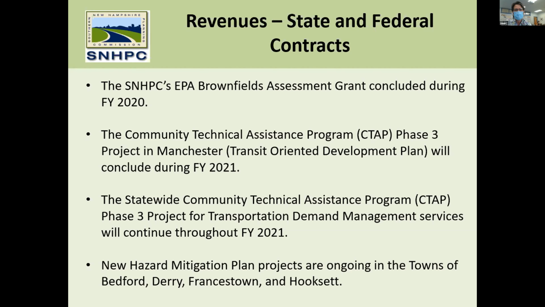The CTAP program, where we're linked with Central Regional Planning Commission, will also continue throughout 2021. We also have several new hazard mitigation plans that we're working on with Bedford, Derry, Francistown, and Hooksett.